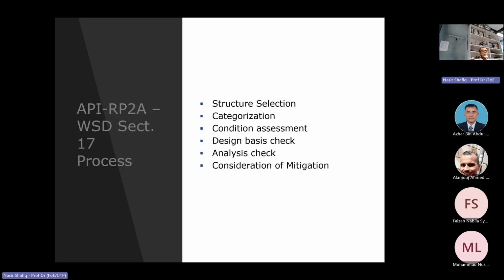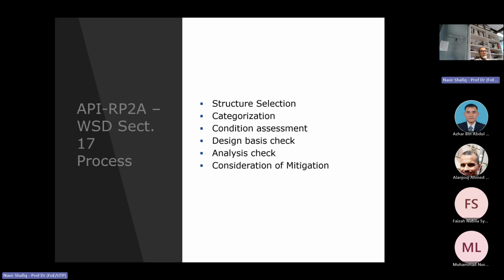So API RP2A working stress design, section 17: process, structure, selection, pipeline, or platform, which is a jacket platform; categorization, under what category, sensitive load, high load, medium load; condition assessment, what is the current condition; design basis check, analysis check, the previous work, right?